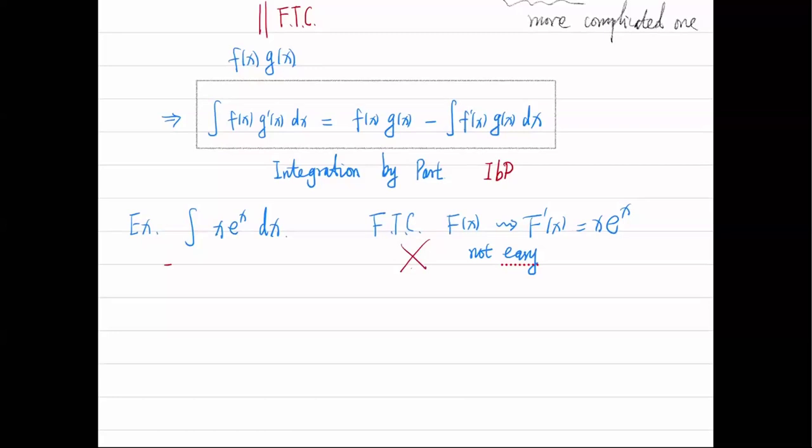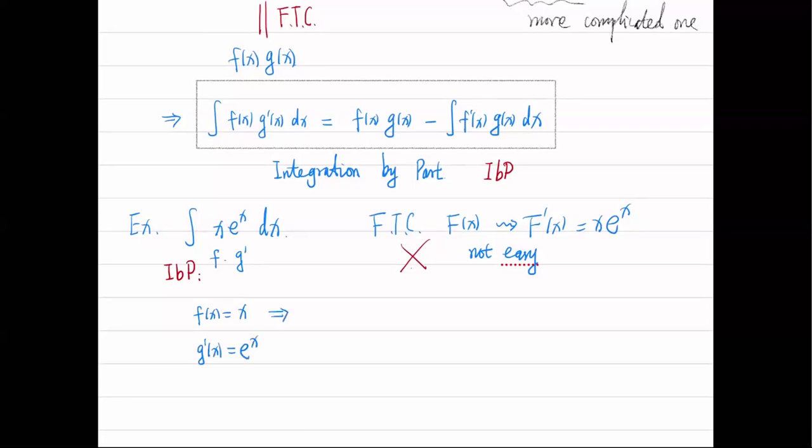Integration by part. So this will be our f. This will be g derivative. So in our setting, f of x is x, and g derivative is e to the x.